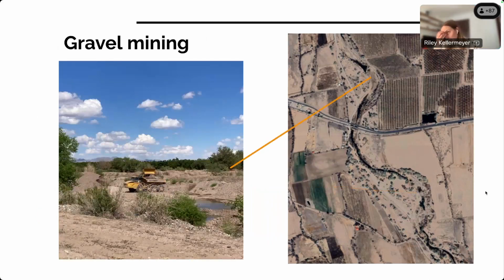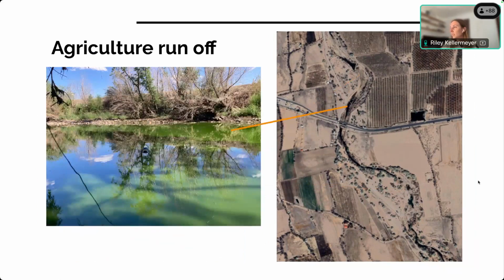And if you're a turtle, you really don't want to go up north to this gravel mining location. There's little to no water, and it's a construction site, which I don't think is on the list of turtle preferences. And then if you go just downstream of this gravel site, you get an area that's just luminescent green, likely due to fertilizer runoff from the pecan farms.